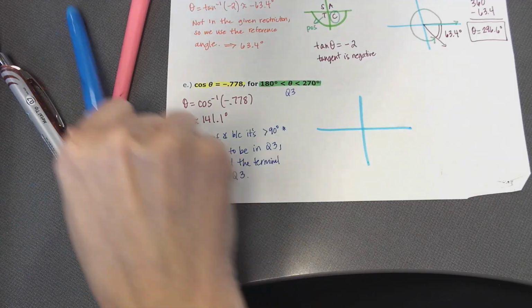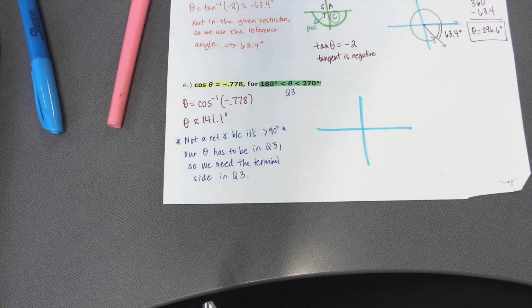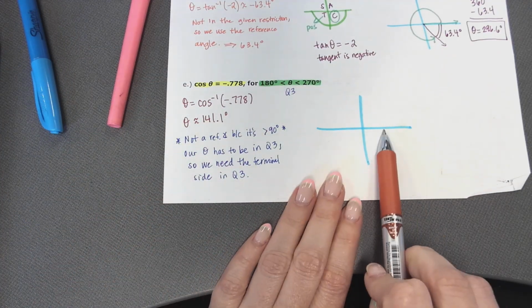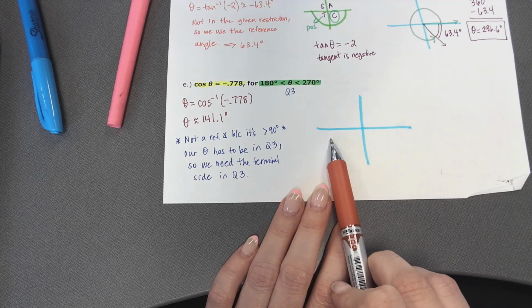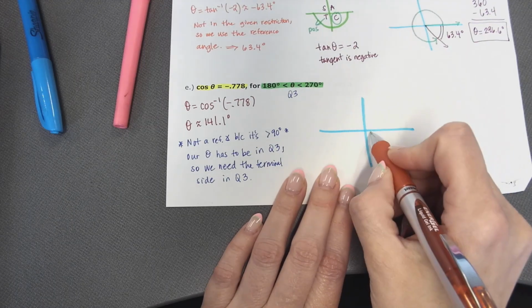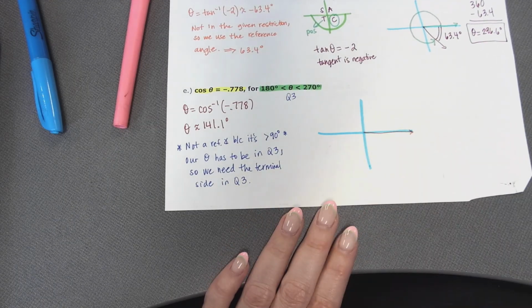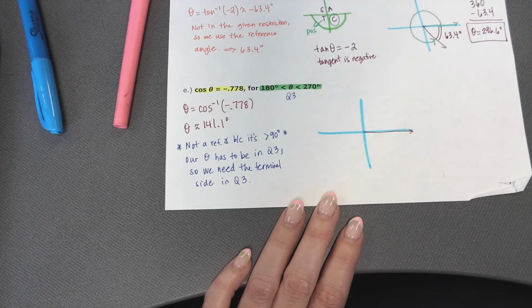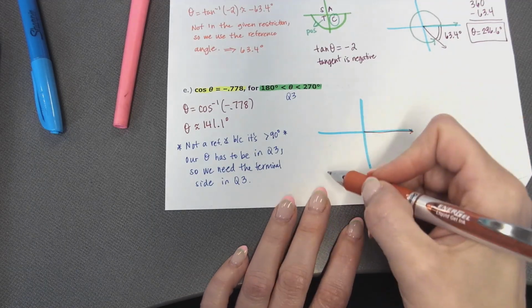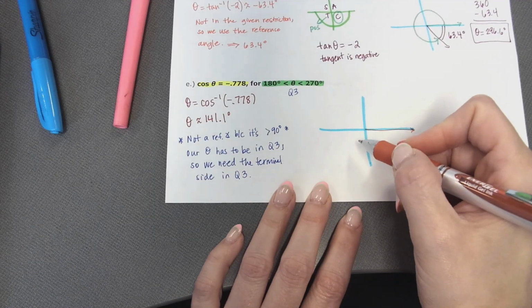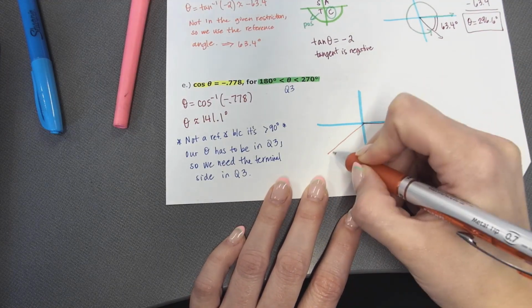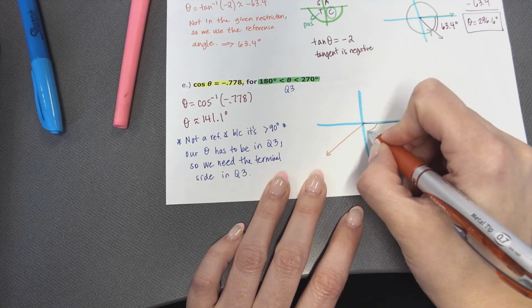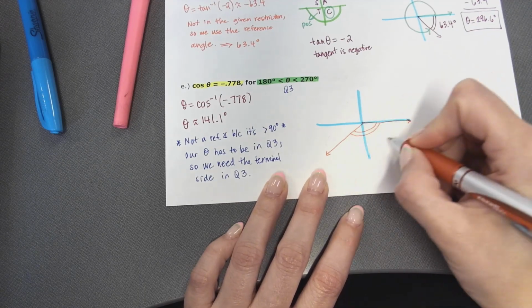Okay, so in order for that to happen, we are going to start from here to draw our reference angle in quadrant 3. Okay, so for our reference angle, if I'm going to go 141.1 degrees, if I want to end up in quadrant 3, I'm going to be a little bit past the 135 degrees. We're going to draw our reference angle like this.